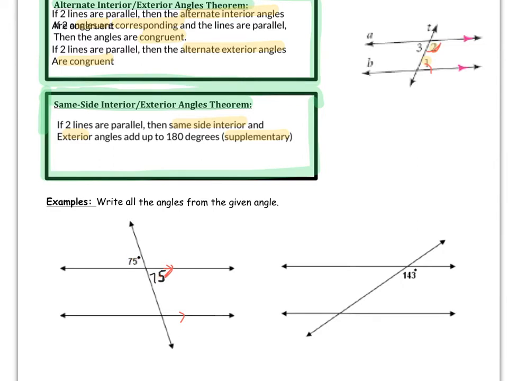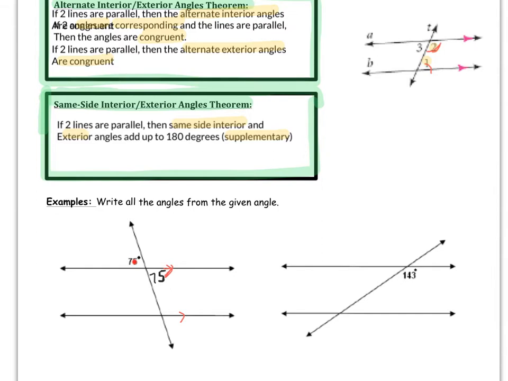All right, awesome. What about this angle right here? Am I allowed to say this angle is 75 degrees? Well, I can say this angle is 75 degrees for two reasons. Because this location is corresponding to this location, and the postulate up here told me corresponding angles are congruent.